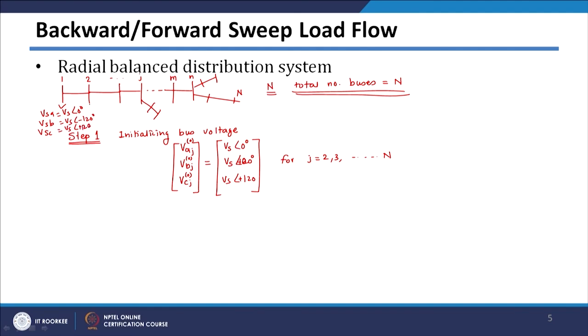So, all the buses like 2, 3 and up to n will be initialized with these voltages.